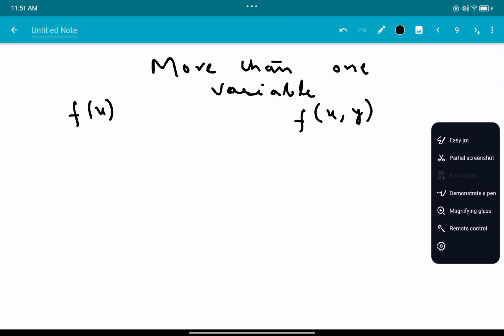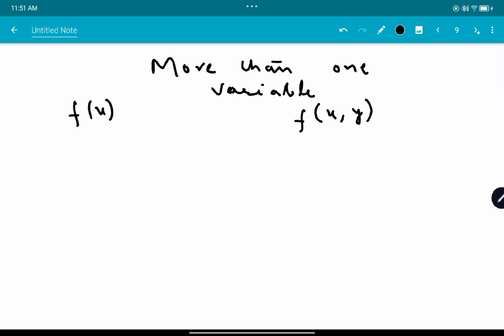As an example, to give you some idea, suppose the price P of a house in a colony may depend upon several factors, several variables. For example, it may depend upon plinth area A, or location L, or number of bathrooms.